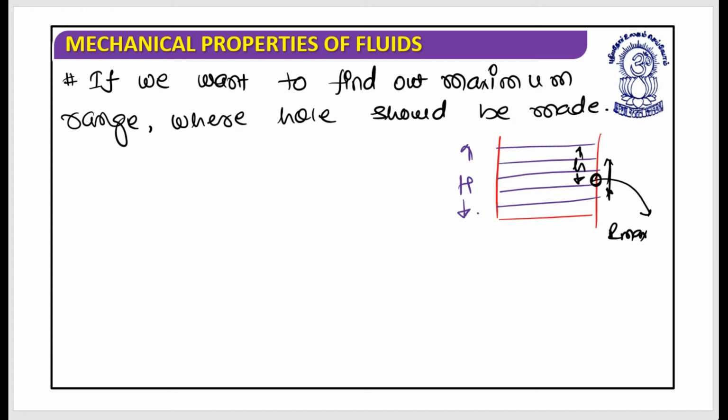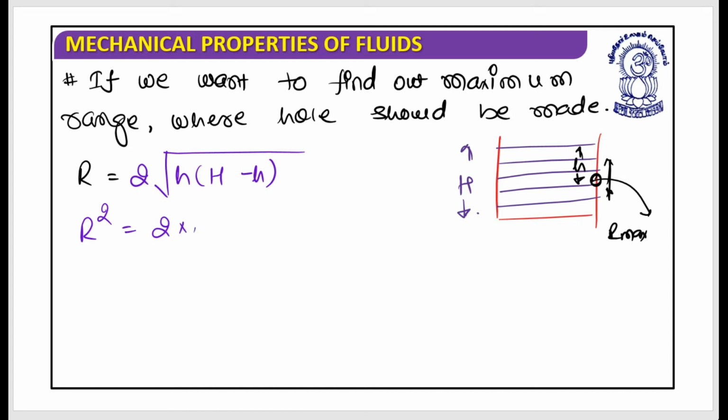What I suggest is that we have the range something like this: range is equal to 2 under root of h into bracket H minus h. So R square is equal to 4 into h into bracket H minus h.